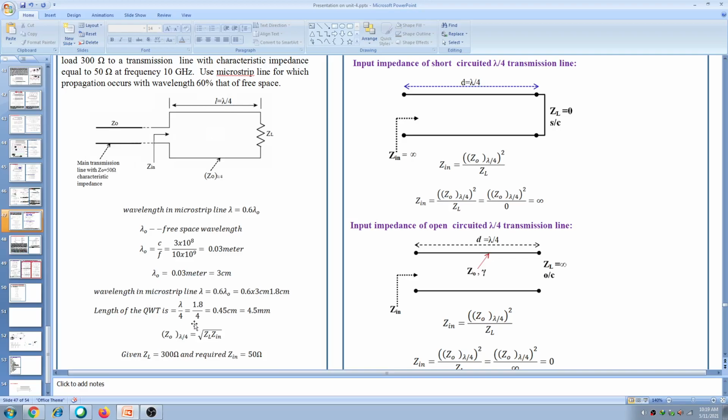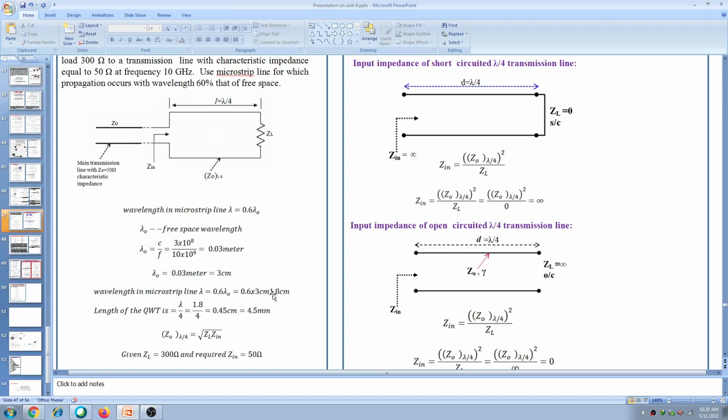So you should calculate what is lambda. Lambda is 0.6 times lambda naught. We got lambda naught, that is 3 centimeter. So now lambda is 0.6 times lambda naught, that is 3 centimeter, and it is equal to 1.8 centimeter.